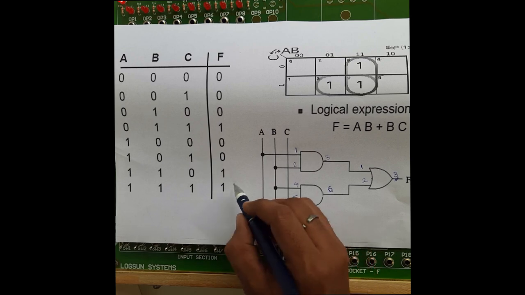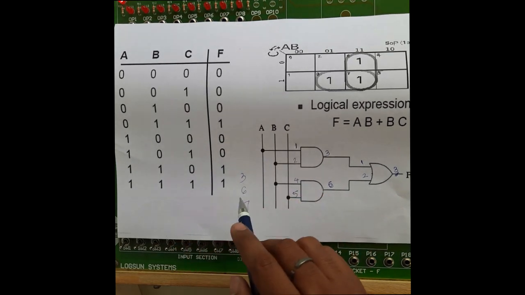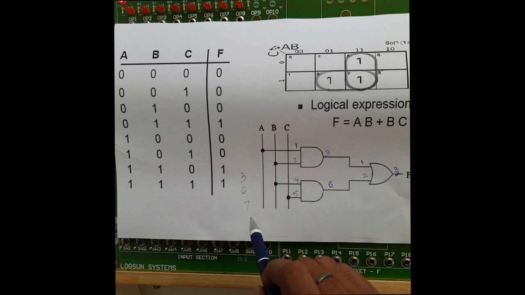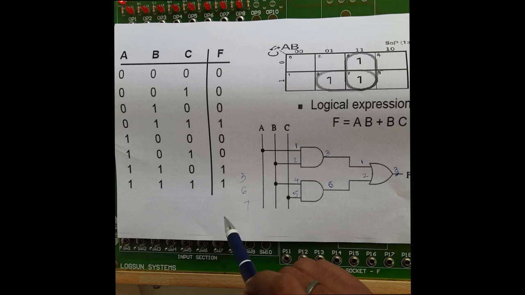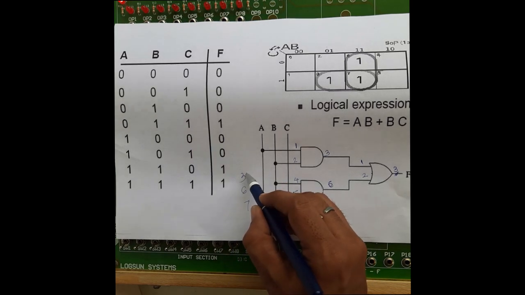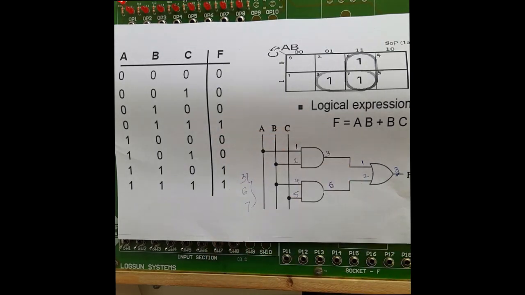So for 3, 6 and 7, when you are giving these combinations in binary form, then for these 3 inputs your output should be high, and for the remaining cases your output should be 0. So we'll start the actual implementation part.